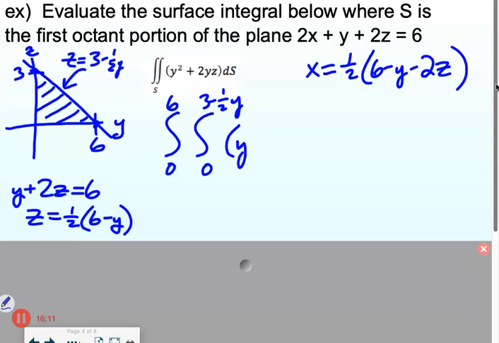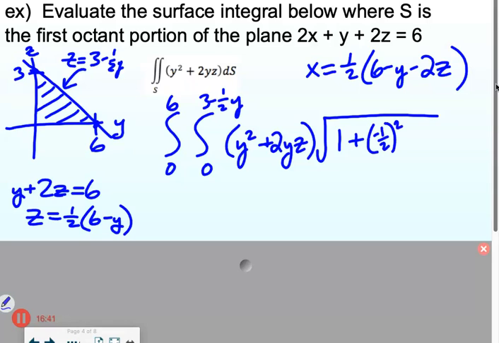Then my integrand can just stay what it is, and I multiply by my root, which is 1 plus partial y, technically negative 1/2, squared, plus partial z, negative 1 squared, dz dy, plus 2.